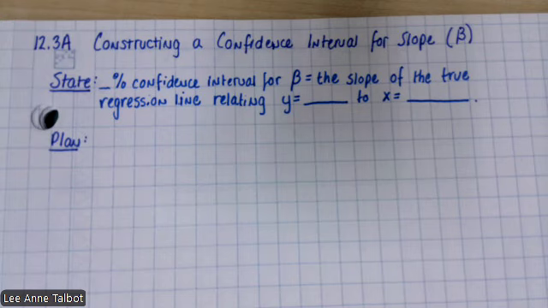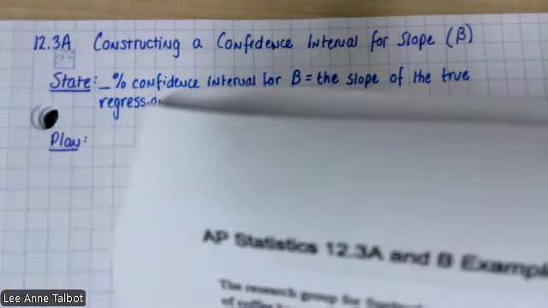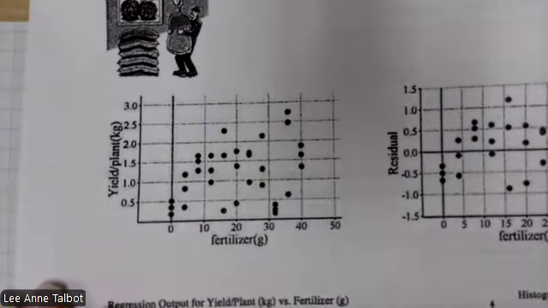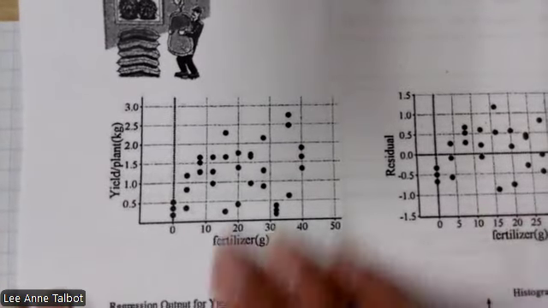So can you guys all get out your packet and find the page that says 12.3a, 12.3b example? Okay, guys, in a few minutes, we're going to do a confidence interval for this situation.